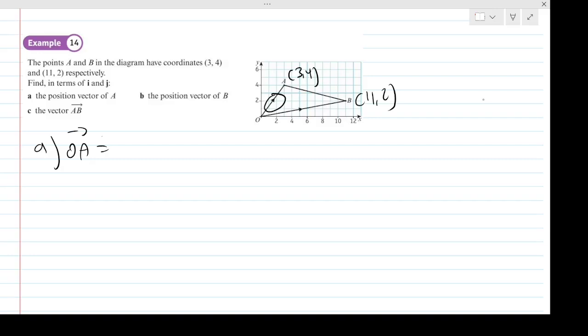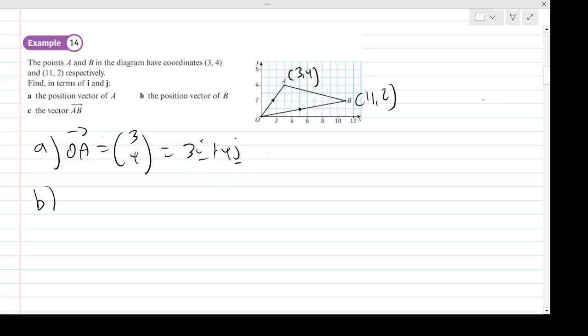So it's this vector here, and it's just going to be 3, 4. And then in i and j, that is 3i and 4j. So very simply, the position vector of A is just the coordinate of A, but in terms of vectors: the x part and the y part of the coordinate. That is all it is.